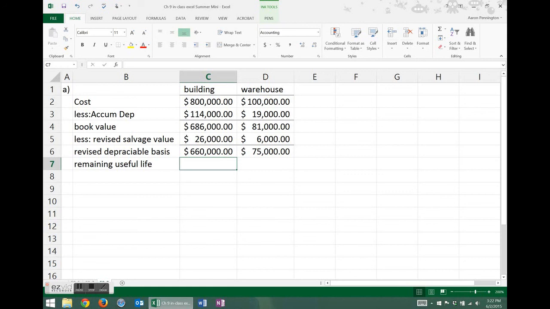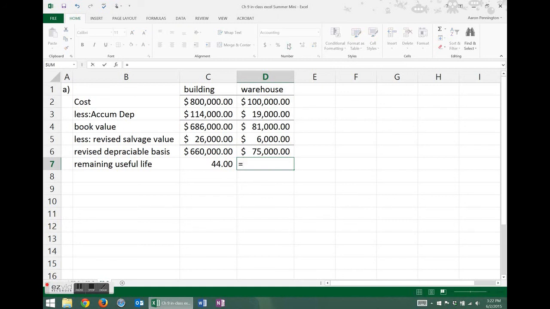So it's determined that this building will now last 50 years, and you're 6 years in. So 50 minus 6, 44 years left, and that's not dollars, that's just 44 years. And the warehouse, 20-year useful life. It was acquired a year later, so you're 5 years in on the warehouse.